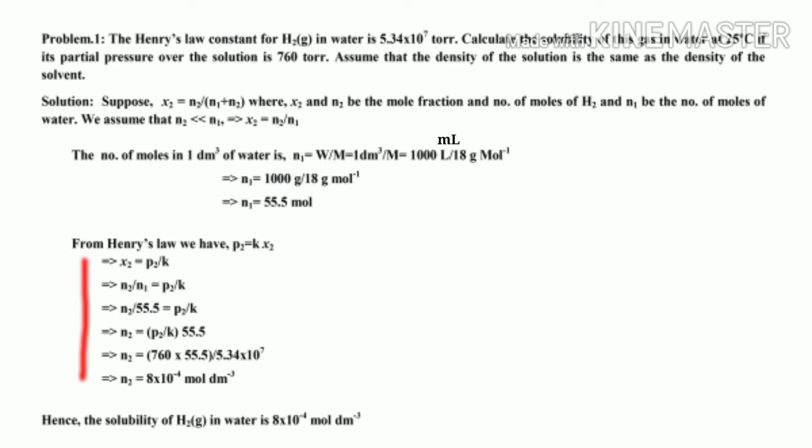Now substituting the values of P2 and K, we get n2 equal to 760 into 55.5 whole divided by 5.34 into 10 to the power 7. On simplifying we get n2 equal to 8 into 10 to the power minus 4 mole per decimeter cube. Hence the solubility of hydrogen gas in water is 8 into 10 to the power minus 4 mole per decimeter cube. So in this way we can solve this problem.